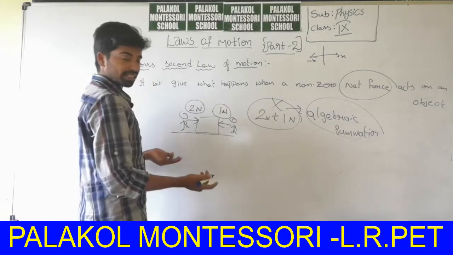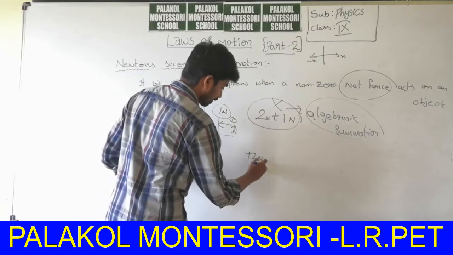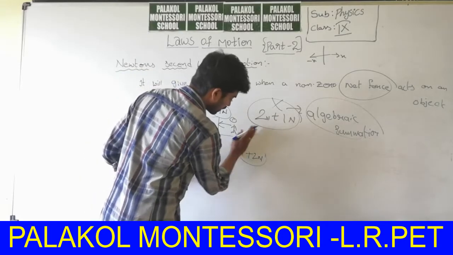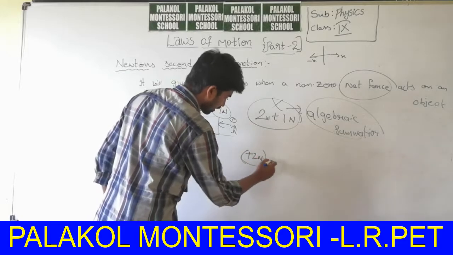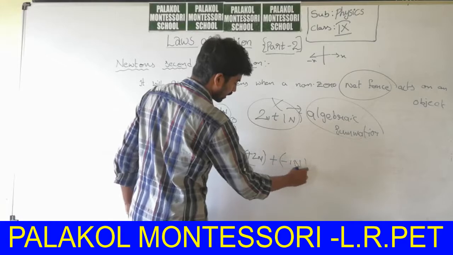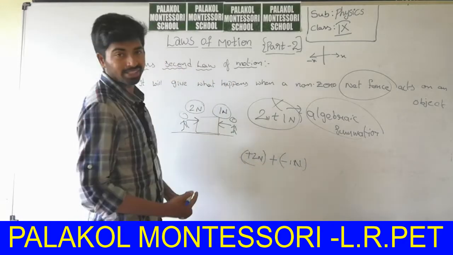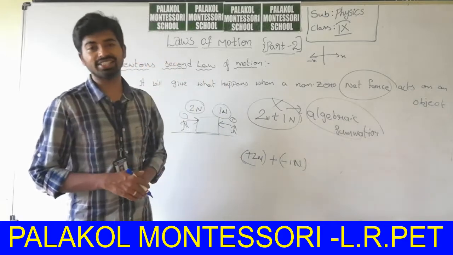Now take the summation. First force plus 2 Newtons plus minus 1 Newton. Here, the positive and negative signs denote the direction of the force.